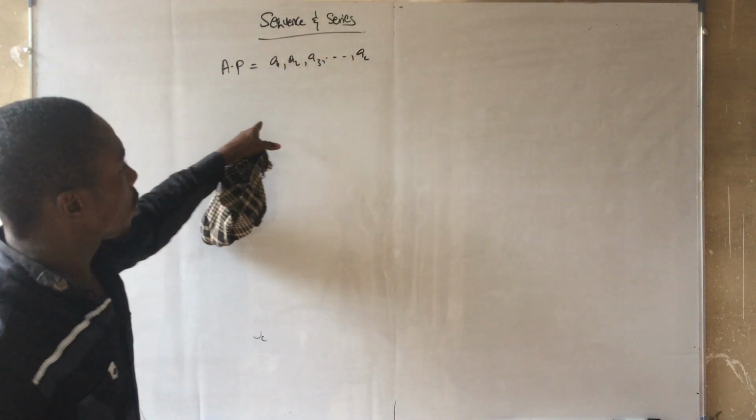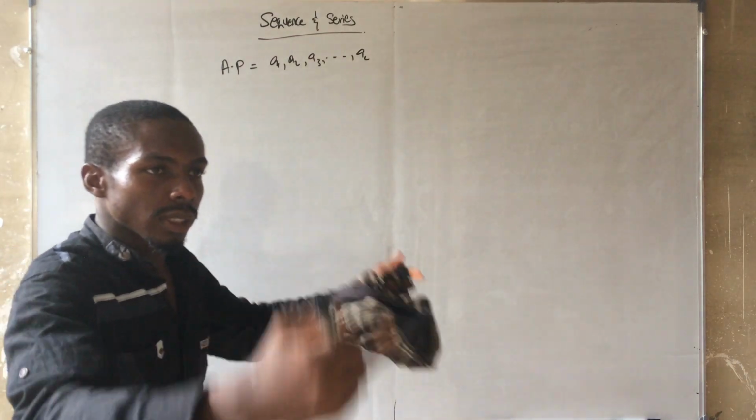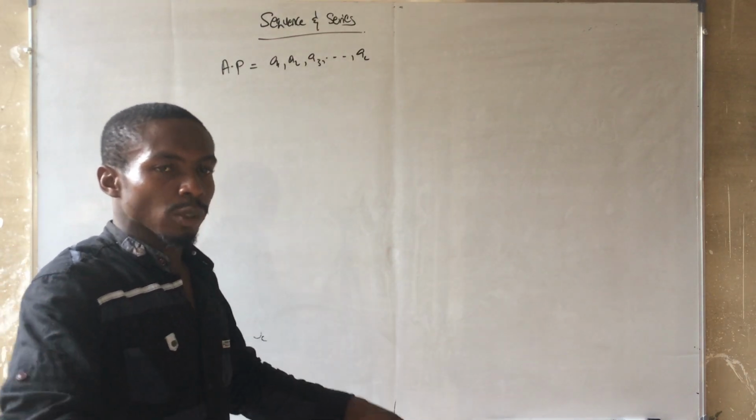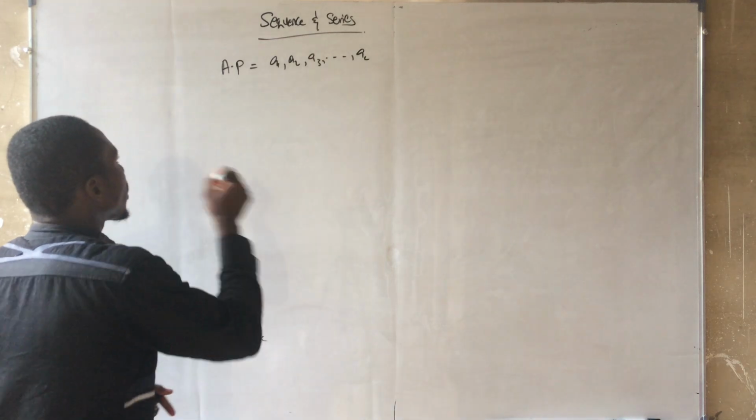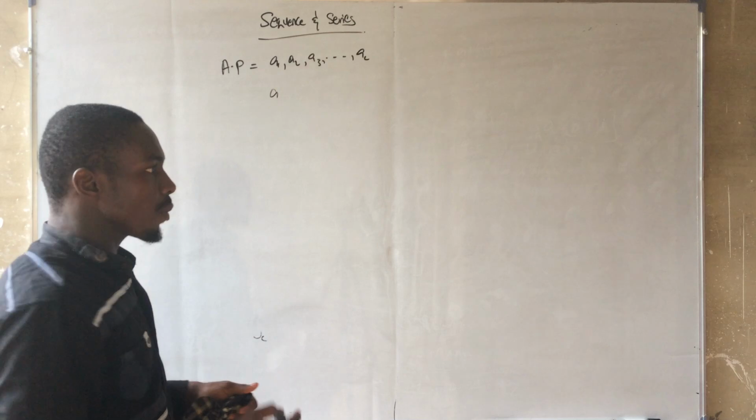Now the next thing we're going to do is check how we get the terms of an AP.